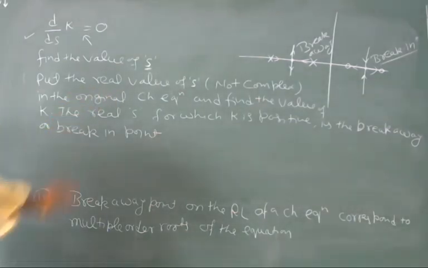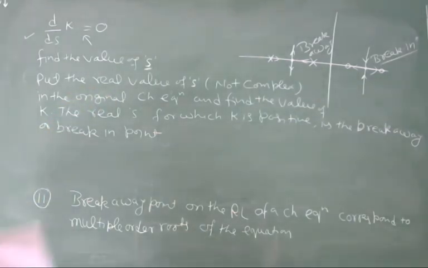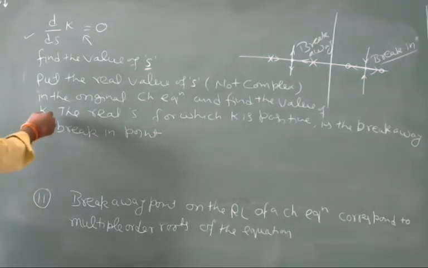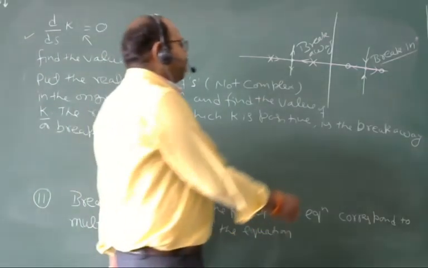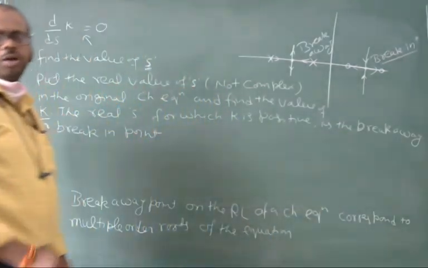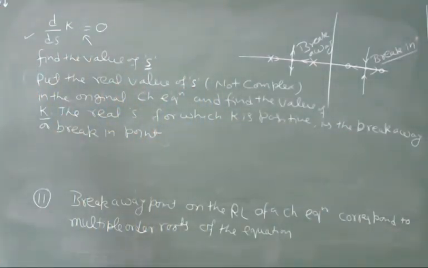Put the real value of s in the original characteristic equation and find the value of K. The real s for which K is positive becomes the breakaway or break-in point.